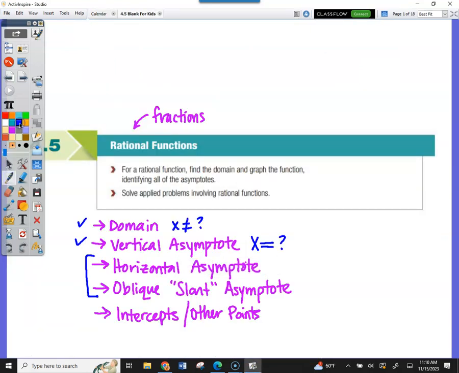So what I was going to add right here was that small disclaimer: watch out for holes, because a hole and a vertical asymptote are totally different.